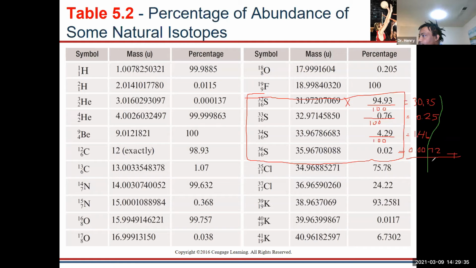Okay, so we have 7.2. That's 6. Zero point 32. Or 32.07.